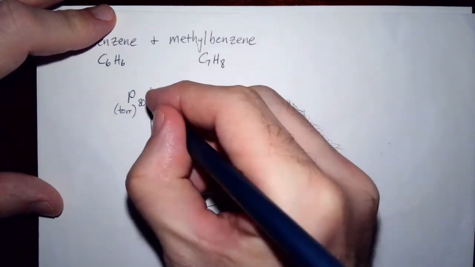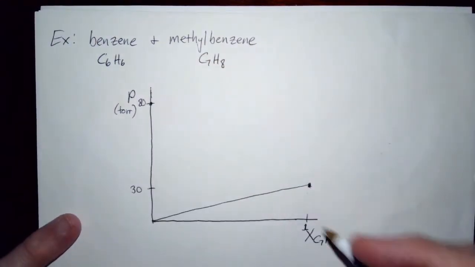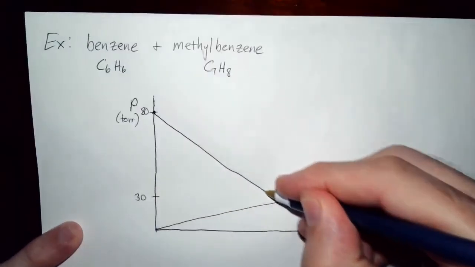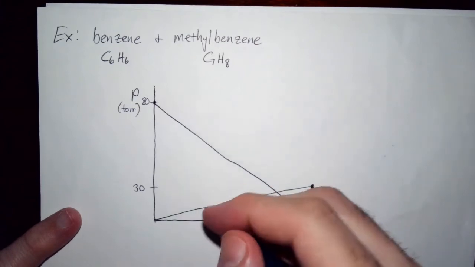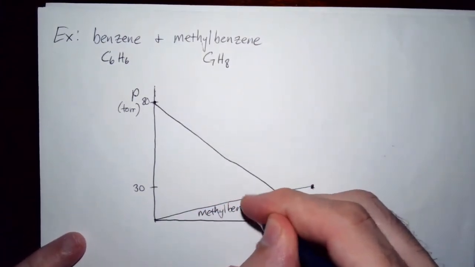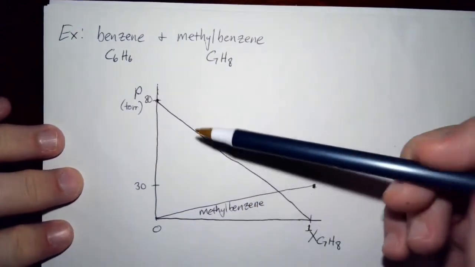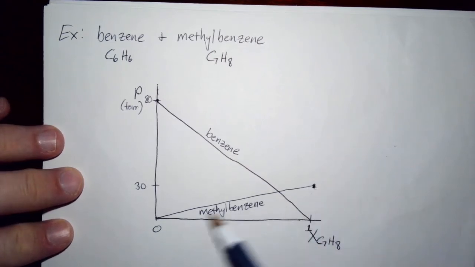In that case, I have a pressure of about 80 torr. And this one, again, follows a nice straight line. So both of these are following Raoult's law pretty well. Notice, of course, that when there is zero benzene, it has zero pressure, and when methylbenzene has 0 moles, it also has 0 pressure.